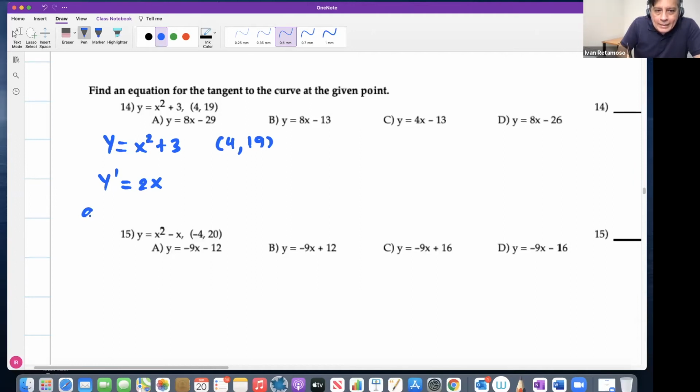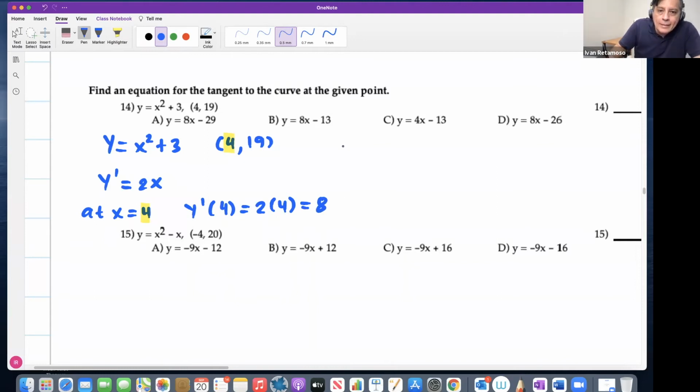Now, at x equal 4, why, Professor, at x equal 4? Because of this, right? First coordinate at x equal 4. Then substituting my derivative formula at x equal 4, I will get the slope of the tangent line at the input value x equal 4, which happens to be 2 times 4, 8, right?